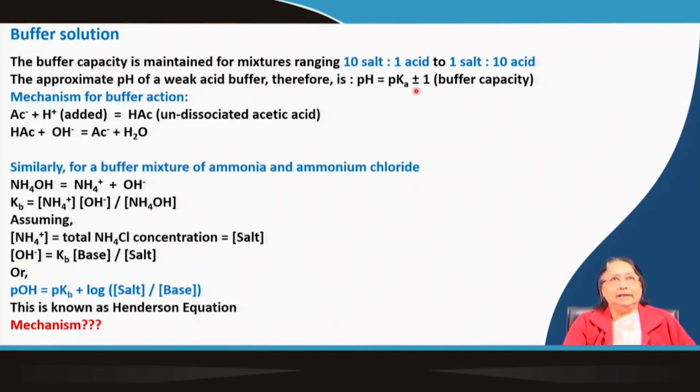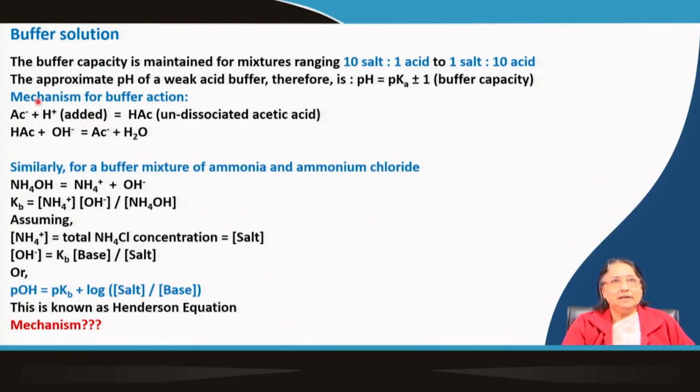Now, why is it happening, how is it resisting the pH change, that is also very interesting and important. So, the mechanism of buffer action. I have already told you that in the acidic buffer, acetate ion is there. So, when you add H plus ion, it will immediately combine with acetate ion to form the undissociated HAc molecule. If you add a little amount of alkali, then it will react with the HAc to form the acetate ion and water.